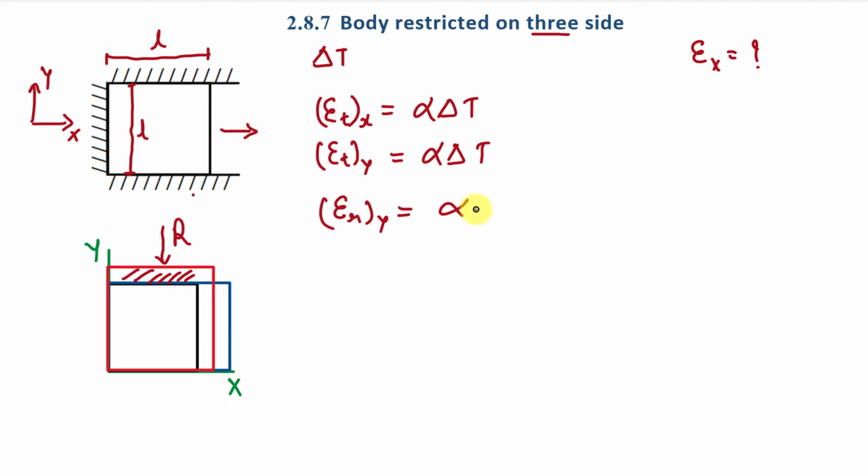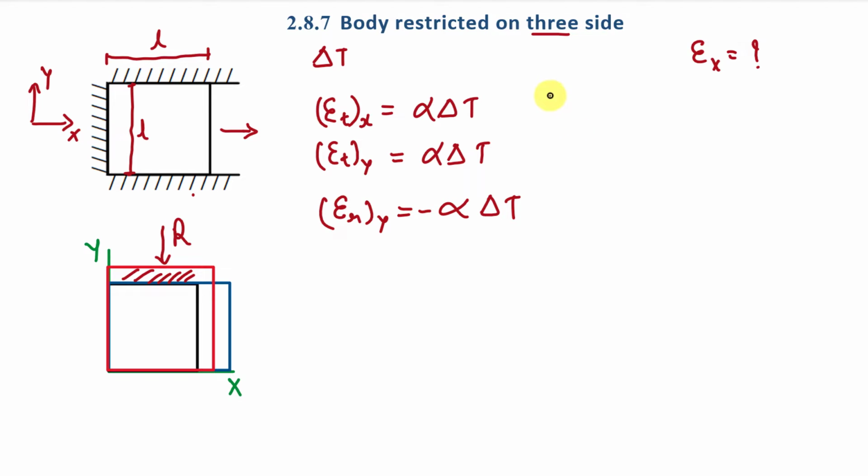So it will be alpha delta T. But it will be negative because here dimension is decreasing, right? So here magnitude will be same but direction will be opposite. So we will take negative sign here.